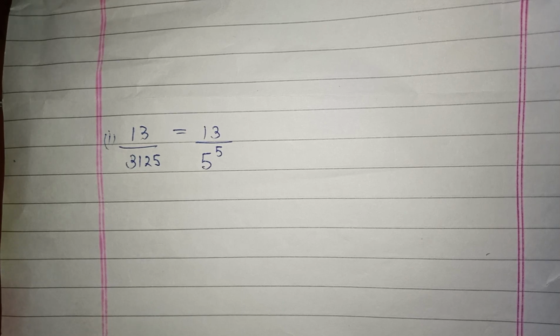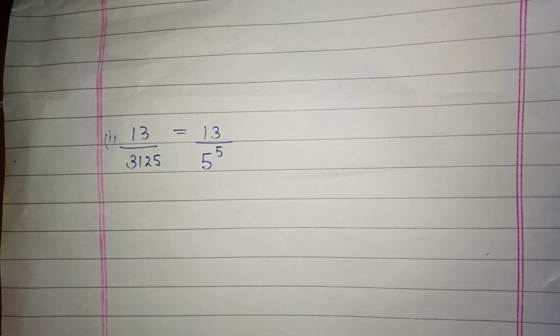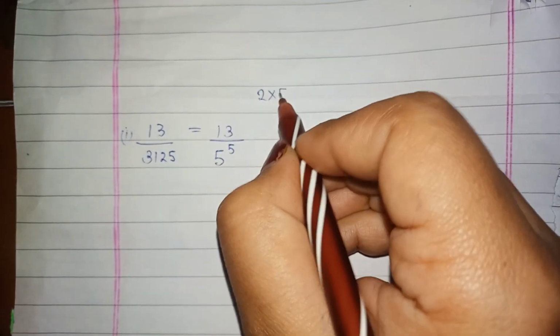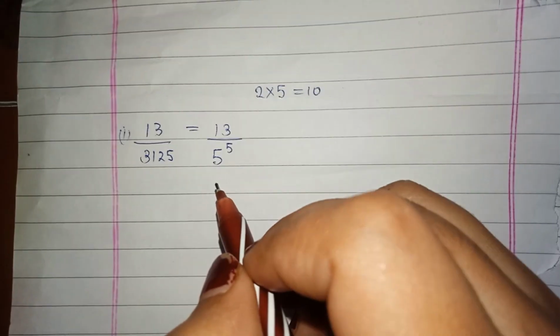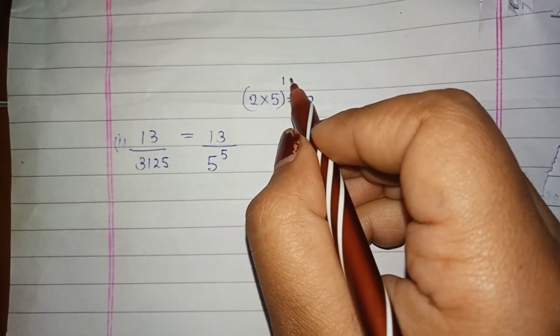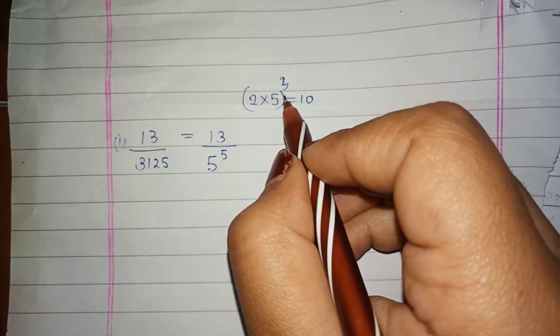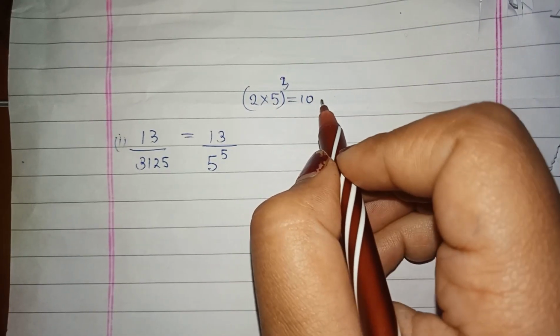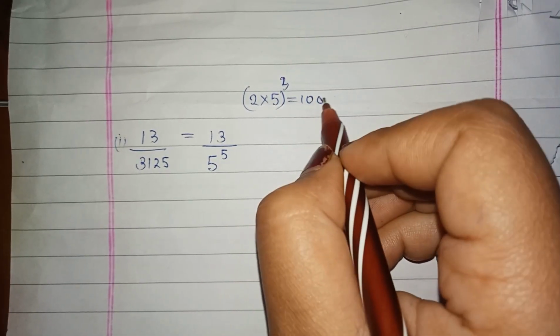Now, for finding its terminating expansion, what I can simply do is, I already know that 2 into 5 gives us 10. Either if I raise its power to 1 or 2 or 3, I will always get an answer in the form of 10.